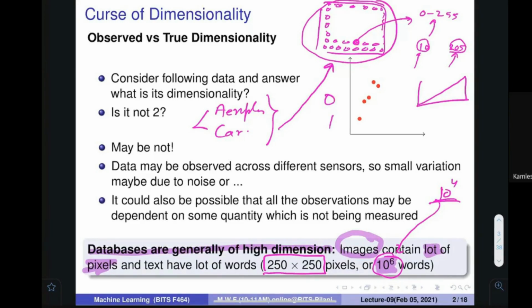If there is no aeroplane, then there is a car, we are assuming. So with respect to the classification problem, the data that you need from this image is only 1 bit. But how many bits are given to you? 250 cross 250. So many bits are given to you.